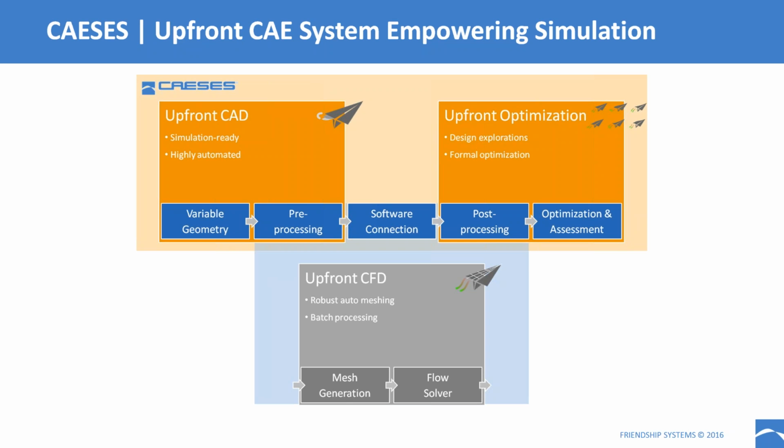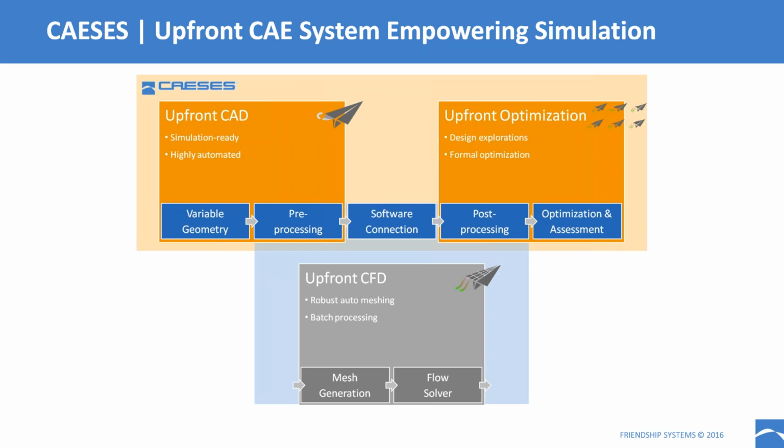So we have a very specialized CAD modeling to provide simulation-ready geometries and being able to vary these geometries in a very efficient way. Then in terms of the process workflow, the next component is the interface to external simulation software. So we don't have our own simulation softwares.